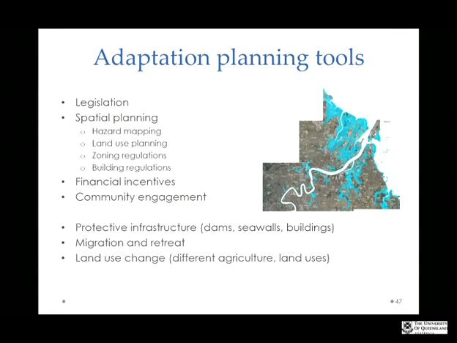You can only do farming there, or have a park there. You can't have houses there. As I say, that feeds into land use change. So where you used to grow wheat, you will suddenly be growing something else that grows better in a hotter, drier climate, so people will adapt.